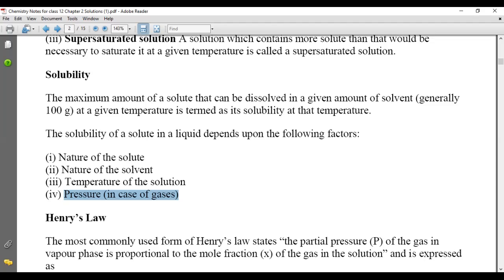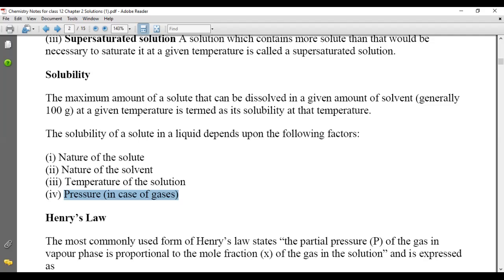Now, what is saturated solution? I believe it is known to each one of you, you have learned a lot in lower standard. Even though, I would like to draw your attention towards saturated and unsaturated solution. When more solute can be dissolved in a particular solution at the given temperature, the solution is known as unsaturated solution.